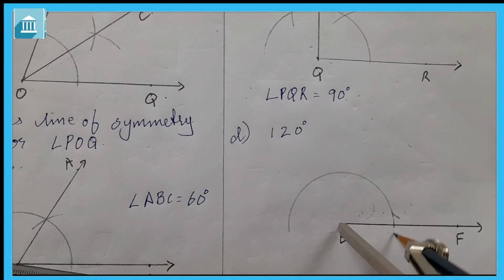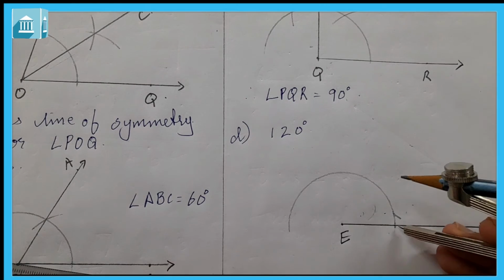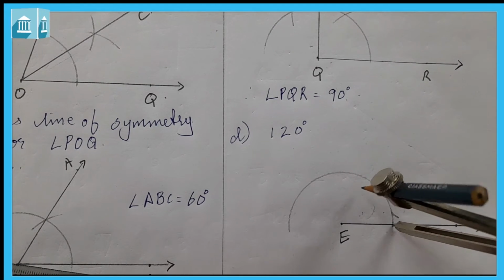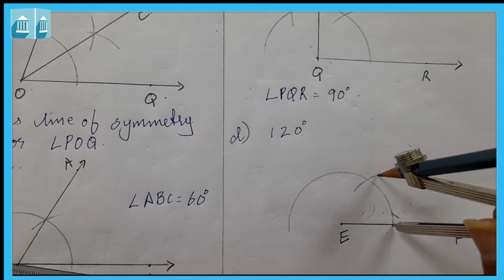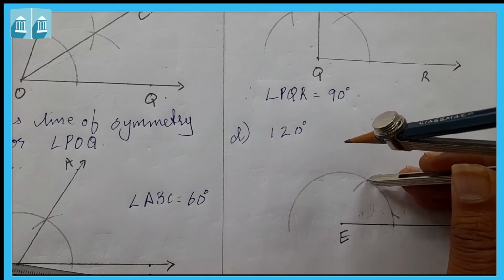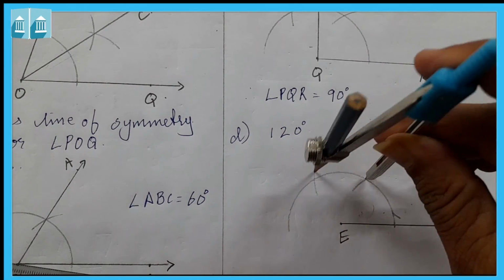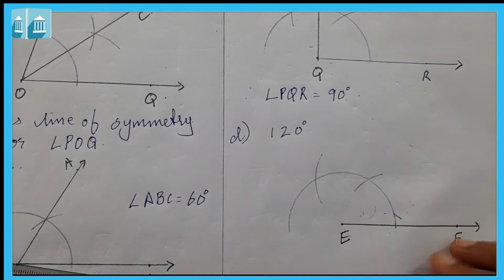This arc we have drawn. Now with center this point, we are going to draw one angle. This is our 60 degree and this will be our 120 degree.